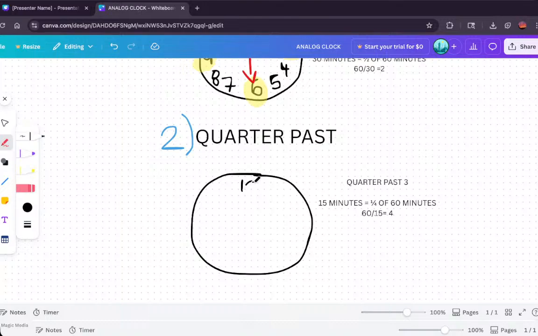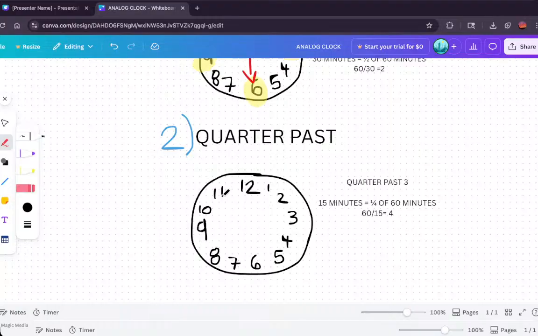Again, we are going to draw the numbers. 12, 1, 3.